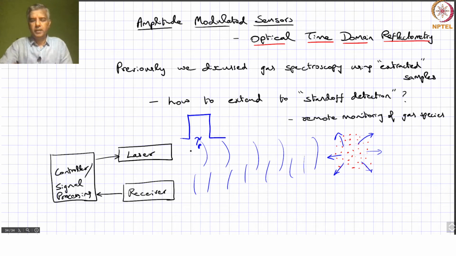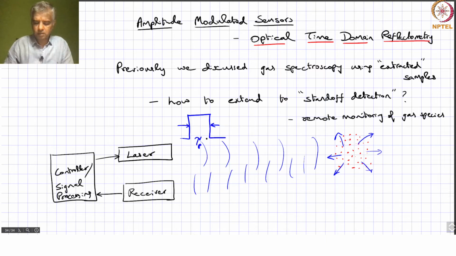And that width in time will now correspond to a certain width in space, because light travels at a particular velocity, which in free space is 3 times 10 to the power 8 meters per second.